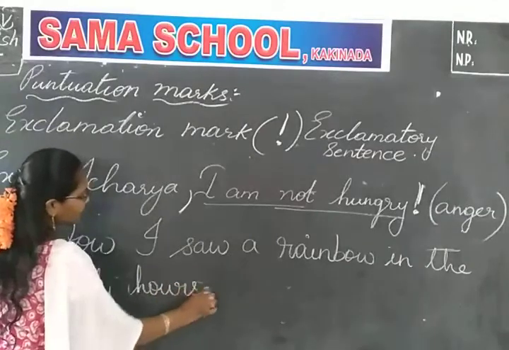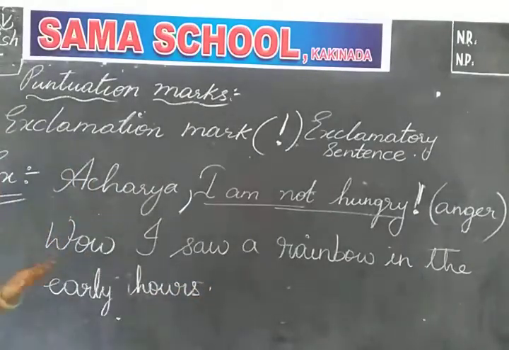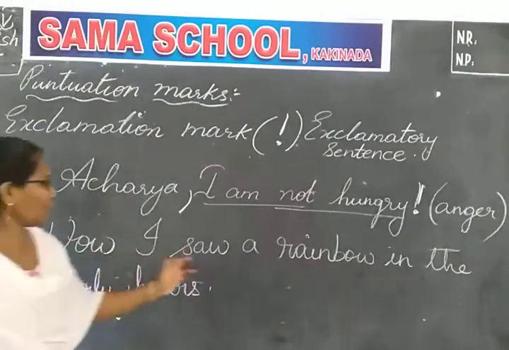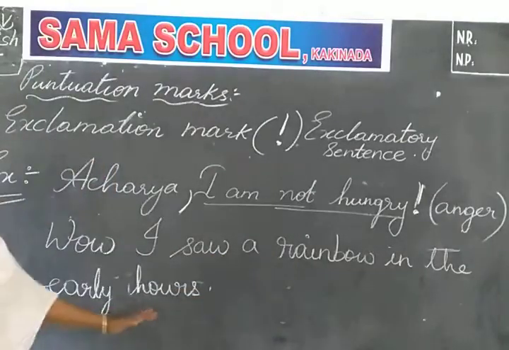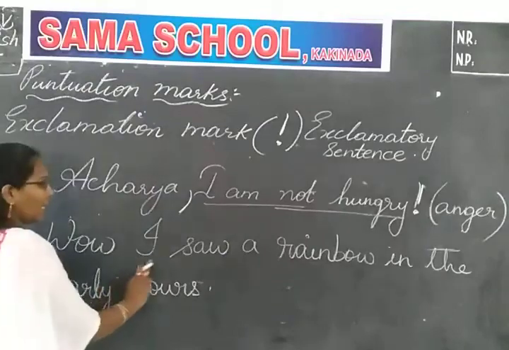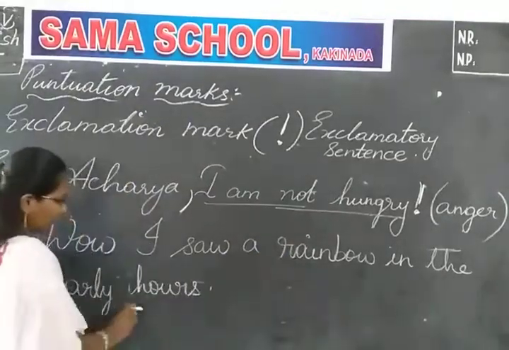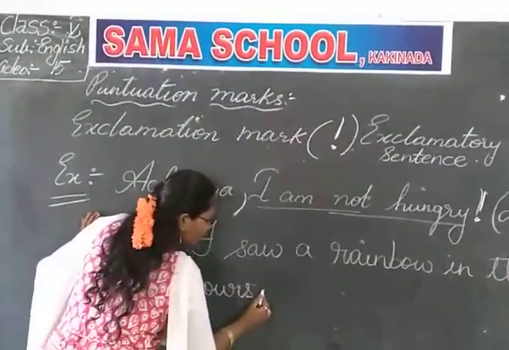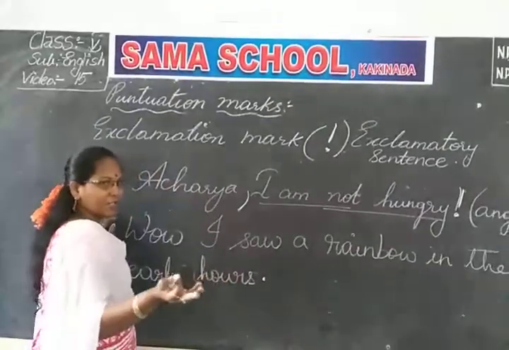So here is a sentence. When we read the sentence, we can clearly understand: I saw a rainbow in the early hours. It is a simple way of presentation. So that's why after this we should put a full stop. There is no doubt in this.